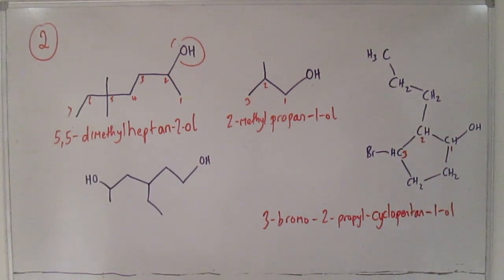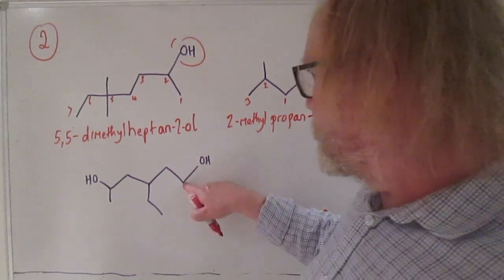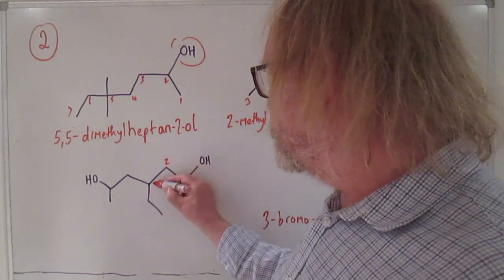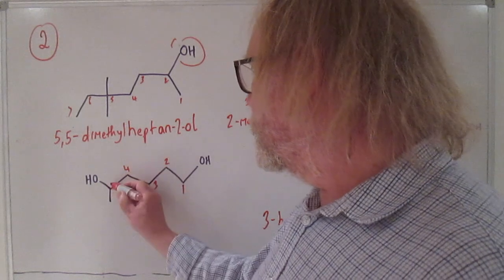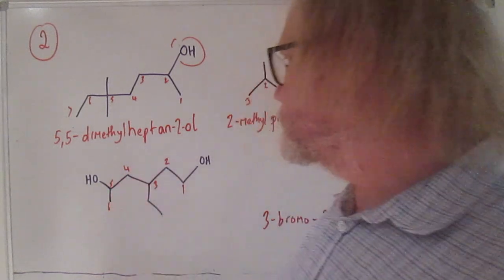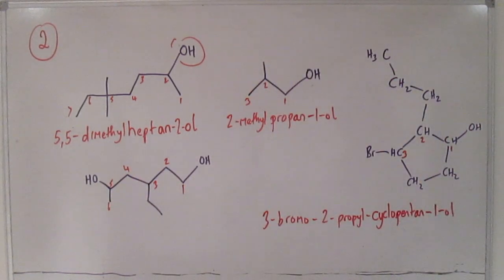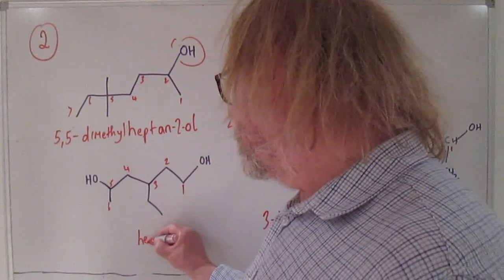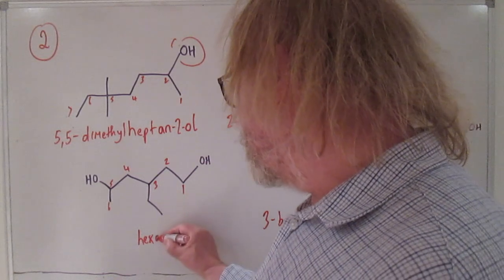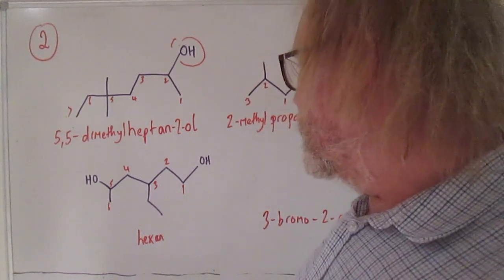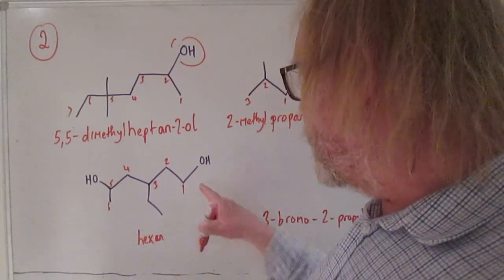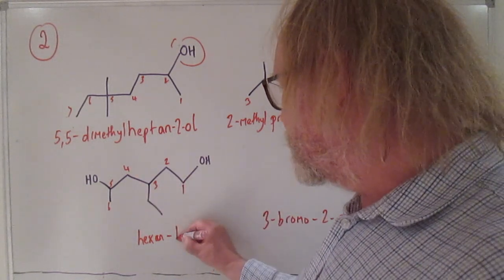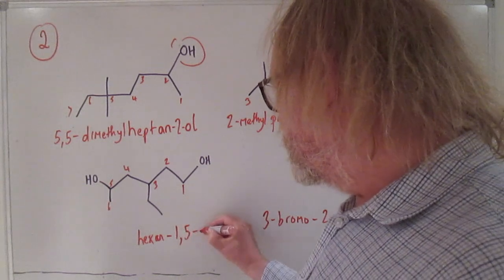So again, we want to keep the numbers as small as possible. So we've got 1 at the end of the chain, so let's call this one carbon 1, 2, 3, 4, 5, 6. Okay, so a 6-carbon chain is the root of the name, so that's hex. Saturated chain, so it's an. And then we've got 1 and 5, both have OH groups, so it's hexan 1,5-diol.